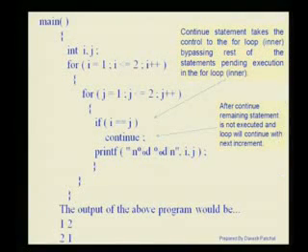Here you can see when the values of I and j become the same, we want to go back to the beginning. When continue occurs, it does not execute the remaining statements, and it continues with the next increment. The loop will not terminate, but it will continue with the next increment.